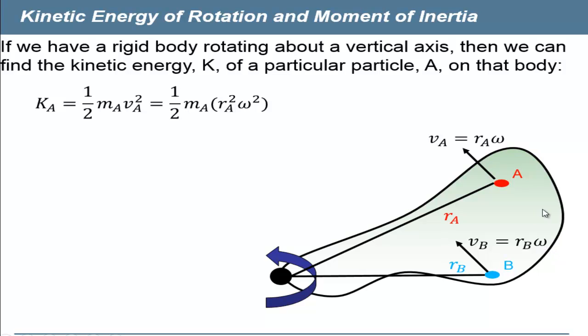So we don't need a subscript for the omega. We just need a subscript for the distance, because it has a different linear velocity. So the kinetic energy at point B would be 1/2 mass of point B times velocity at point B squared, or 1/2 mass of point B times radius at point B squared times omega squared.